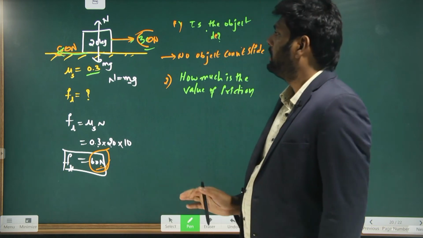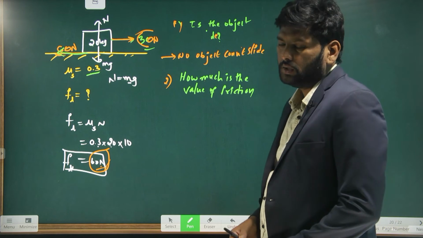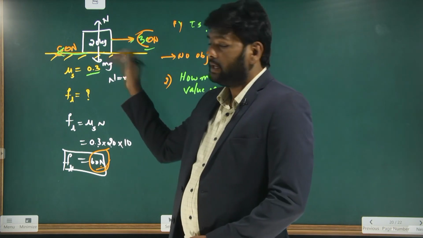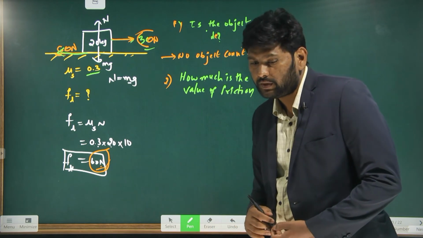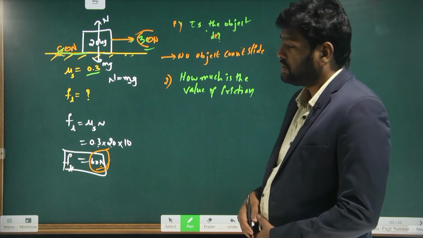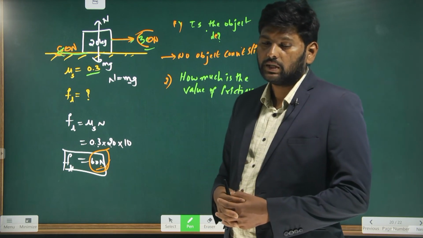But when the object is at rest, the net force acting on the body is 0. The net force becomes 0 only when a 30 Newton force acts in the other direction. So the friction is adjusted to the 30 Newton.